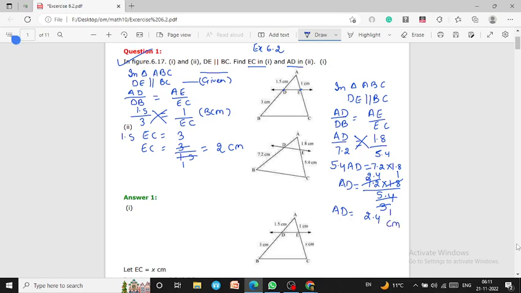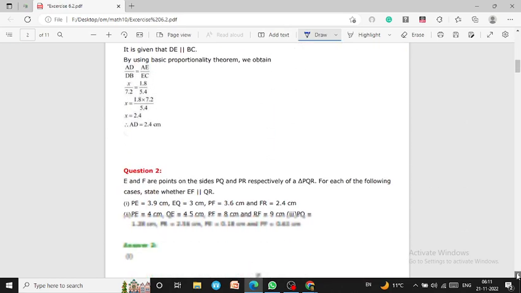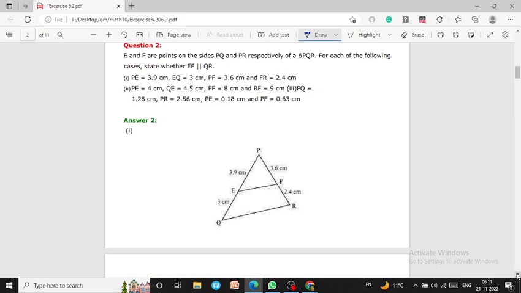Now, the next question. In this question we have given E and F, two points on the sides PQ and PR respectively of triangle PQR.